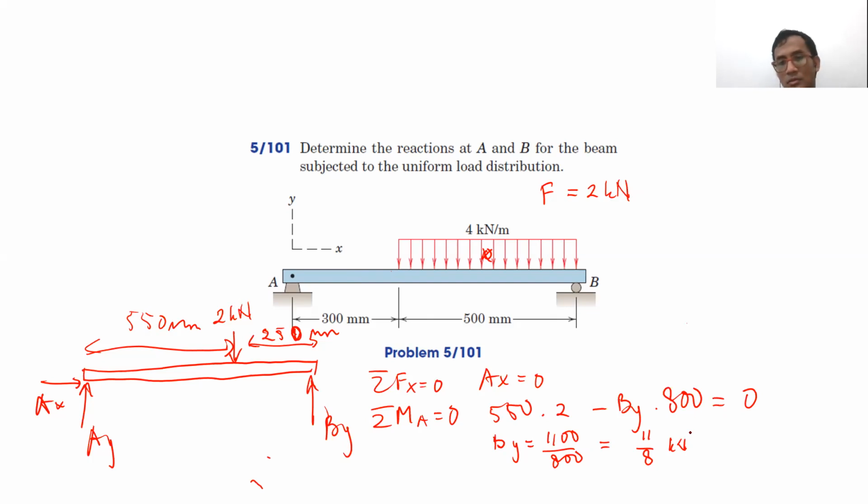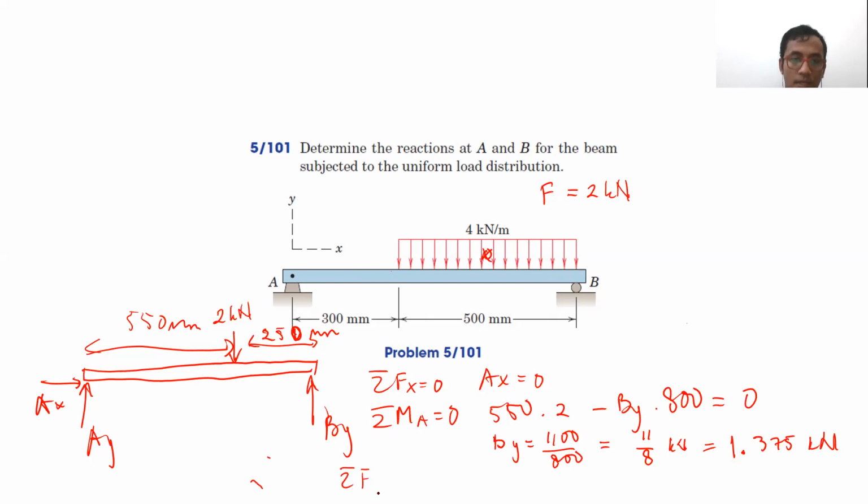Okay, that is 1.375 kilonewton. Okay, that is Py.